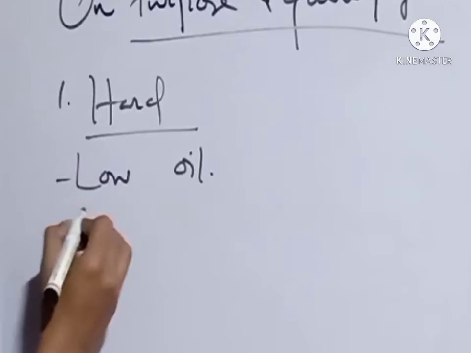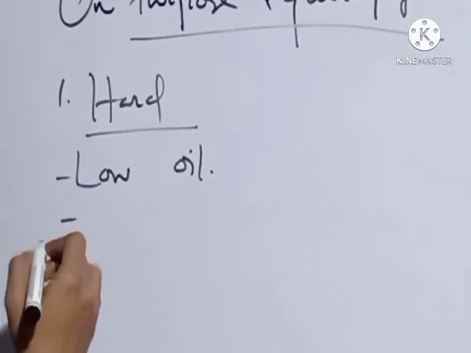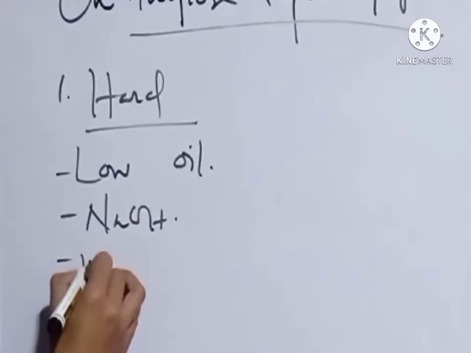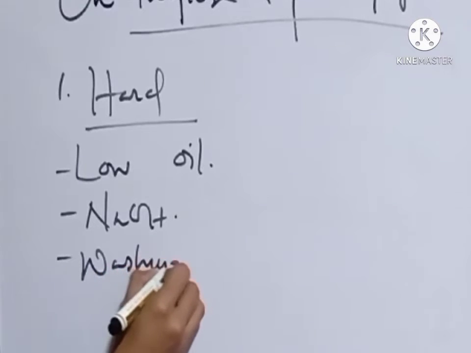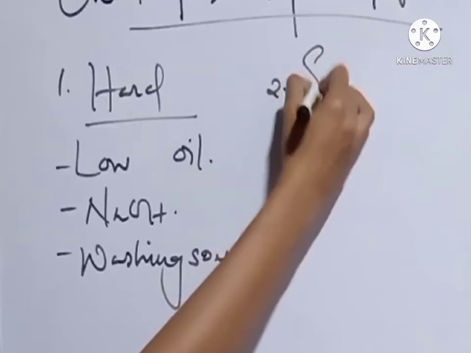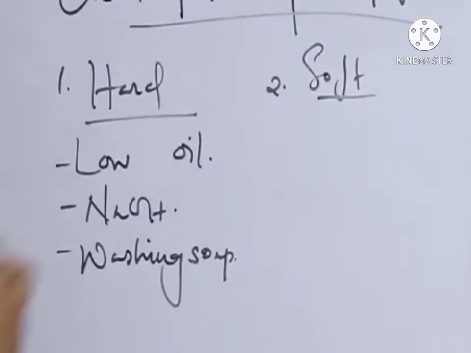And the alkali used in the hydrolysis process is sodium hydroxide, and these are used as washing soaps. Then the second one is soft soap, that is a soft nature soap.